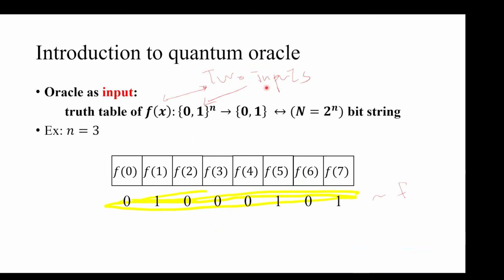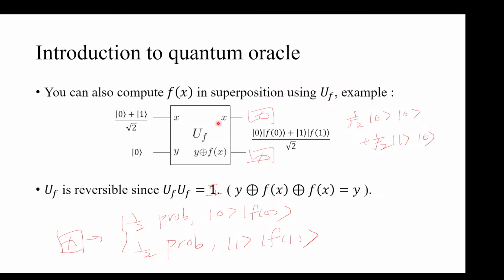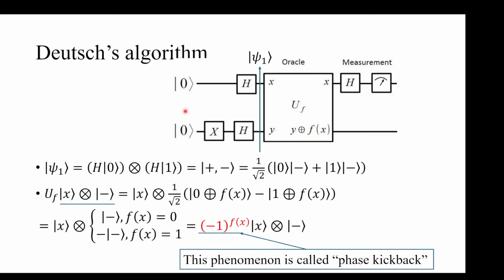It is like the quantum parallelism example we have here. We have 0 plus 1 over square root 2 as our input, so we are going to compute both f0 and f1 in superposition onto the second qubit.